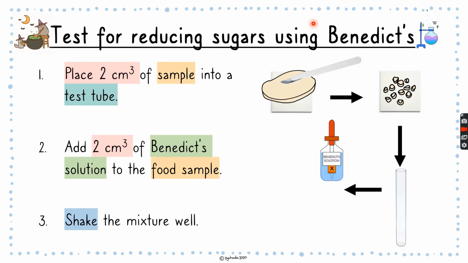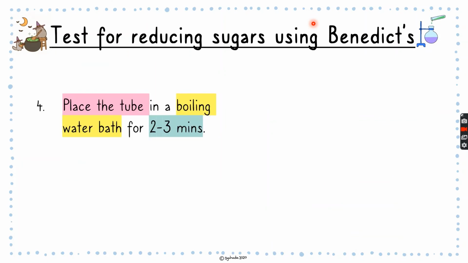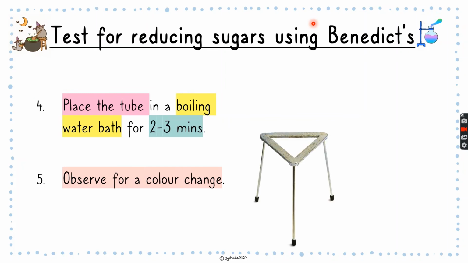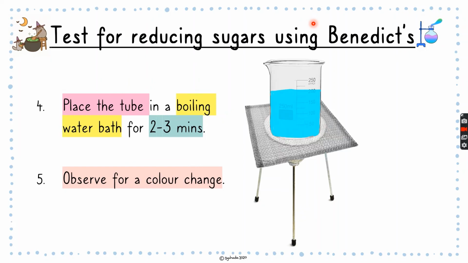You can add a bit of water and shake if you want, but otherwise just add that Benedict's solution in equal volume and shake it. After you shake it, you place the tube in a boiling water bath for 2 to 3 minutes and observe for a color change. So what you need to prepare for the water bath is a tripod stand. You add your wire gauze and some water in a beaker.